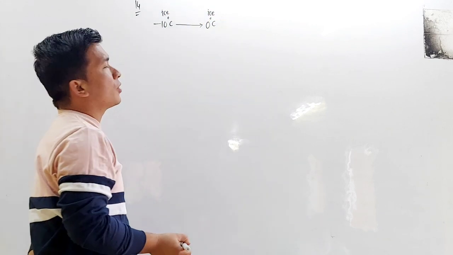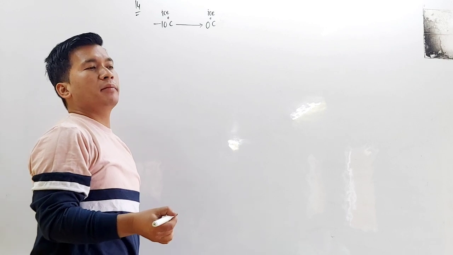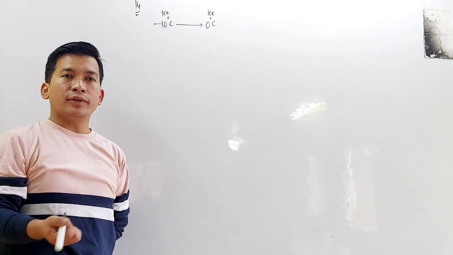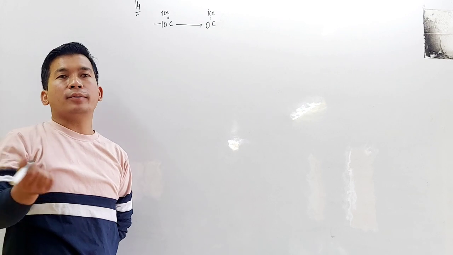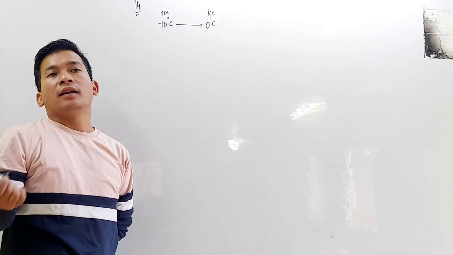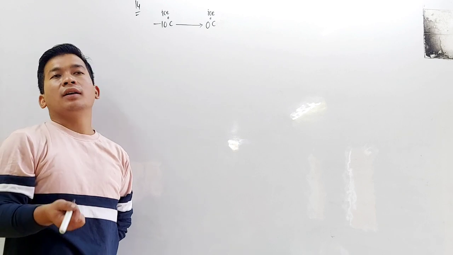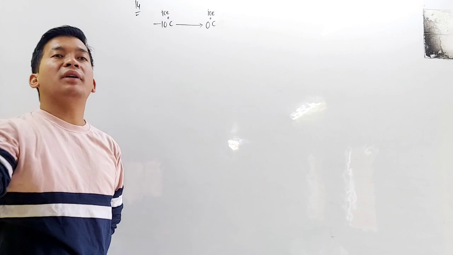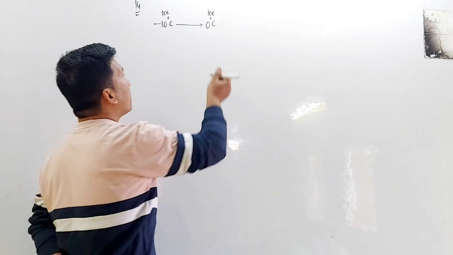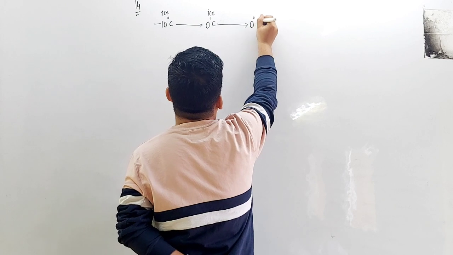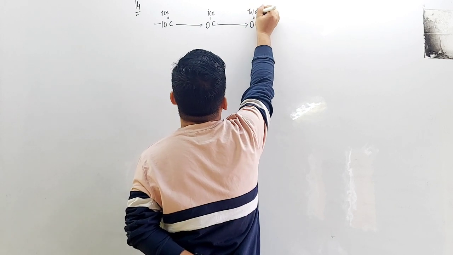Next, there must be complete melting, because in the options we do not have 0 degrees, so there could otherwise be a chance of unmelted ice. All the options say there is no 0 degree, so we must consider complete melting. Complete melting gives 0 degrees Celsius, and this will be water.